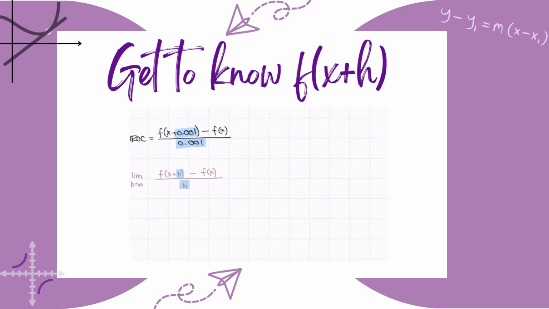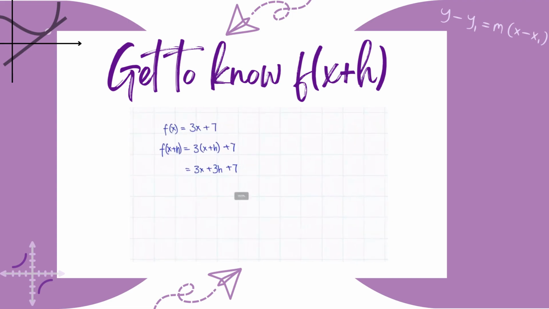So when we are doing this, let's say we have f of x is equal to 3x plus 7, then f of x plus h is going to be 3 times x plus h plus 7, which results to 3x plus 3h plus 7. Okay. Any questions with this? No.